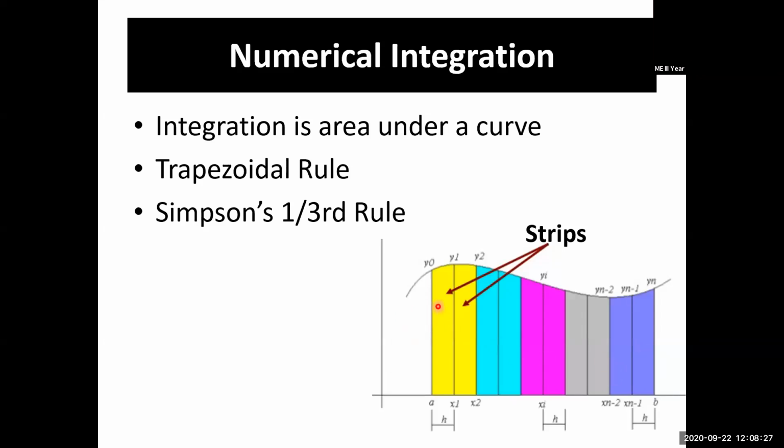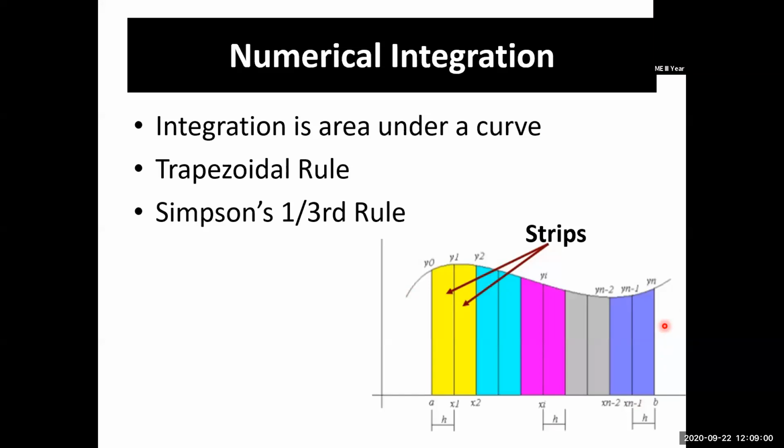We will find the area of one strip, then integrate from the lower limit to the upper limit. Between the lower limit and the upper limit, some number of divisions will be there, and the area will be divided accordingly. Suppose the number is 10, then the total area will be divided into 10 parts or 10 strips.